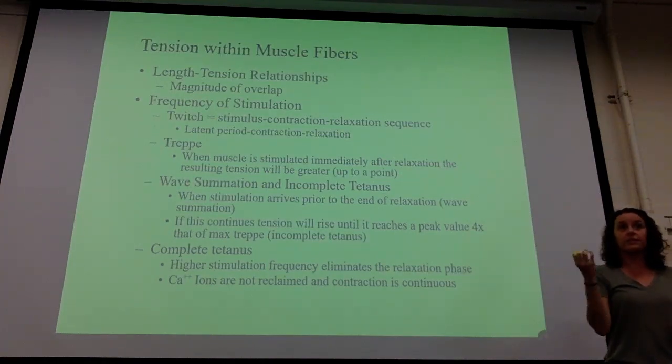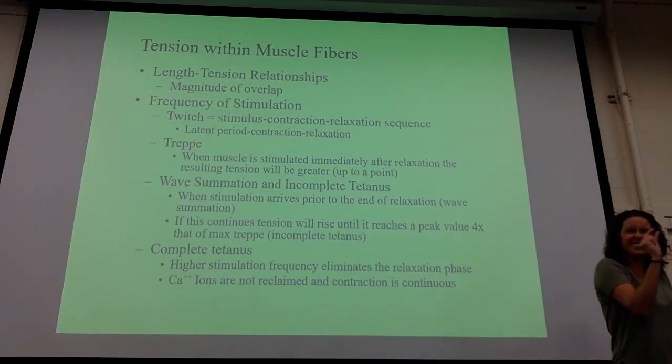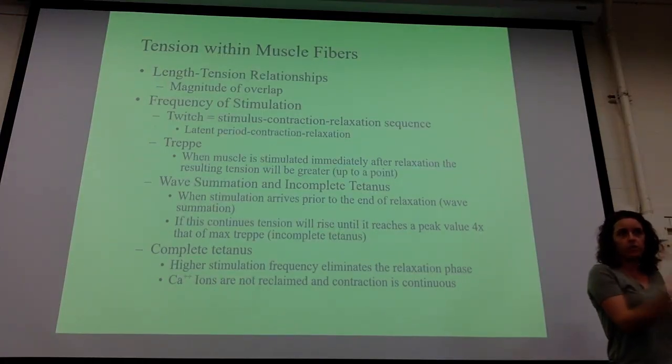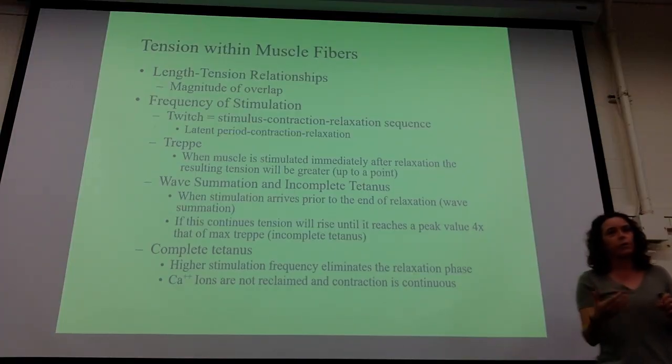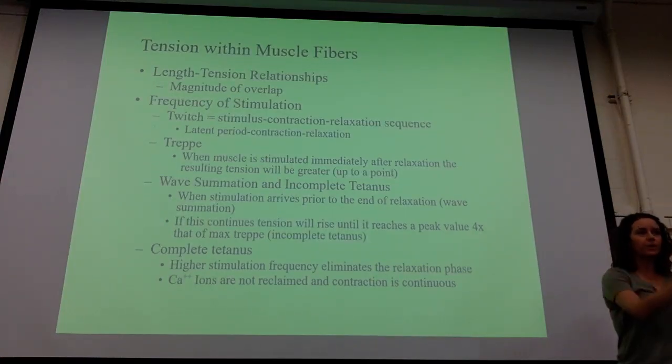Receiving another stimulus right after the muscle relaxes allows us to build slightly on the tension from the first stimulus. So this shows us that if we're getting more stimuli, more action potentials, we can build up our tension.